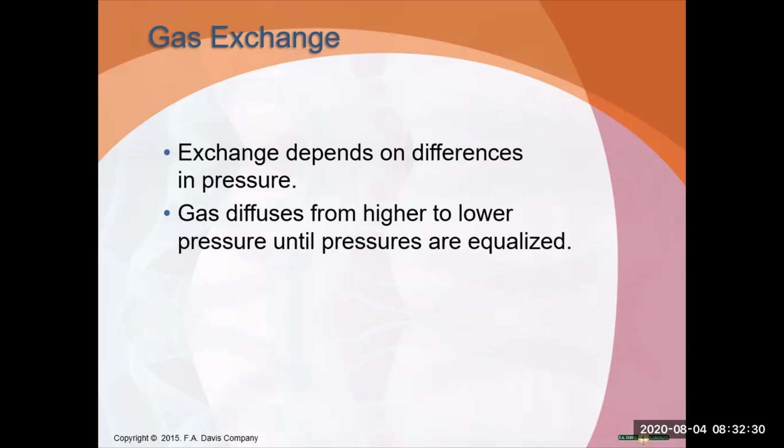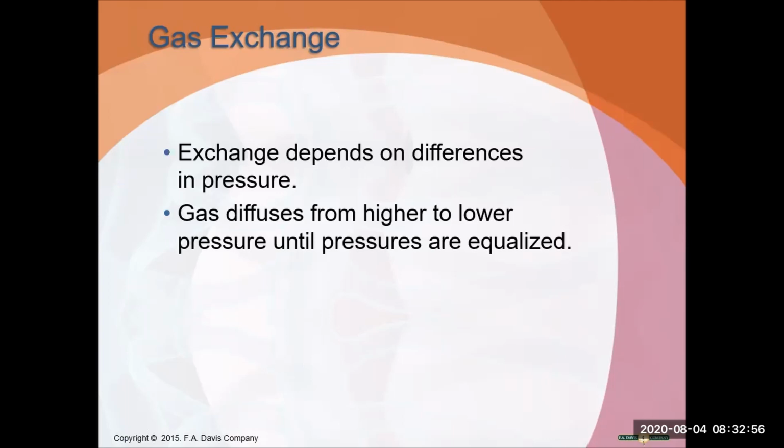The atmosphere consists of about 78% nitrogen, 21% oxygen, and about 1% other gases, of which about 0.03% is carbon dioxide. Each one of these gases contributes to the total atmospheric pressure.